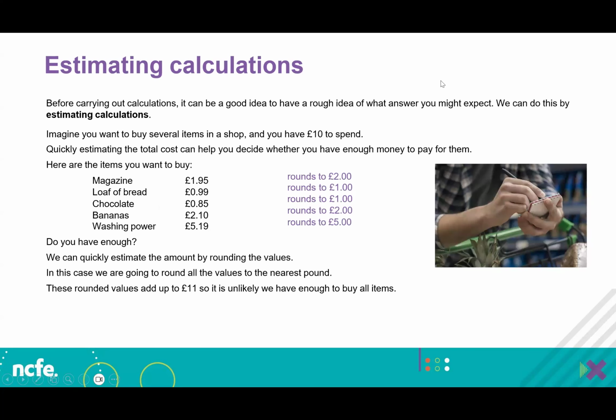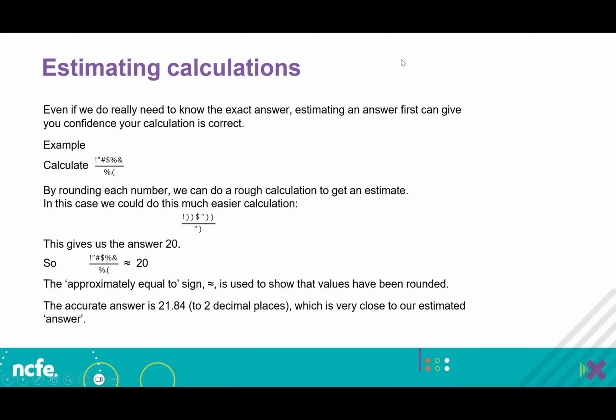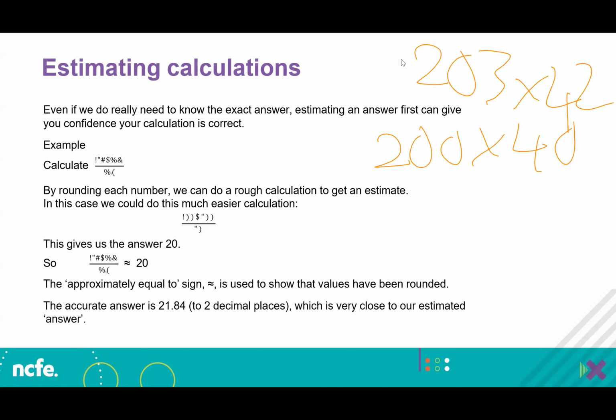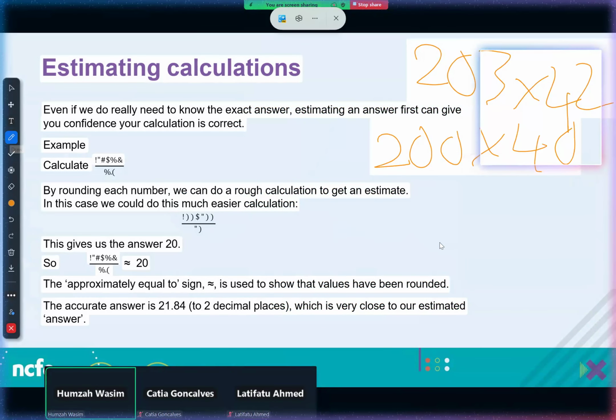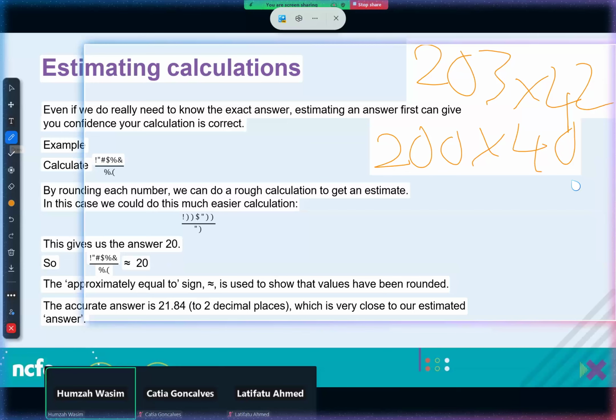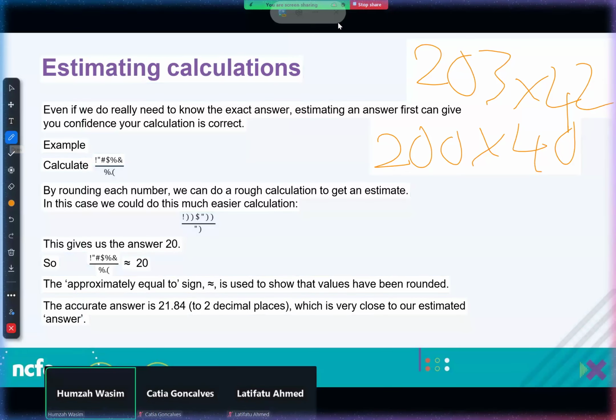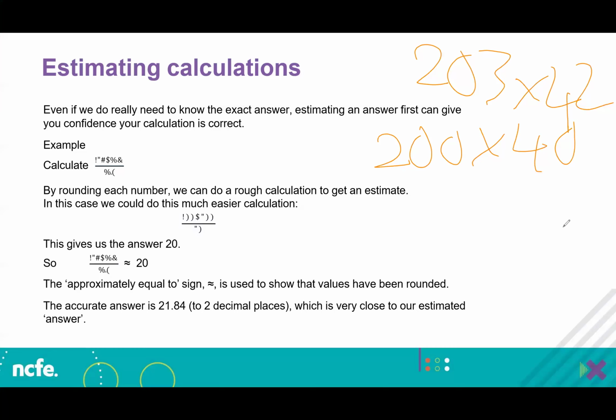203 multiplied by 42. Round it up, so 200 multiplied by 40, which equals 8,000.